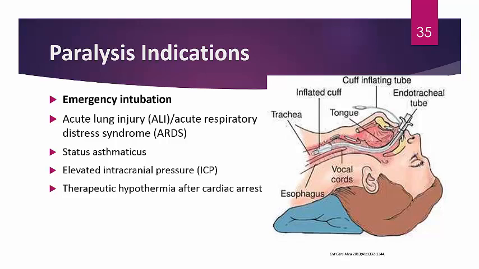Other indications, particularly with the lungs, that we use paralysis for, acute lung injury or ARDS. This commonly happens as a result of sepsis, if you remember back from patient care 2. And what this essentially does is think about patients who have major stress responses that are causing them to become hypoxic, hypercapnic, and develop acute respiratory failure.